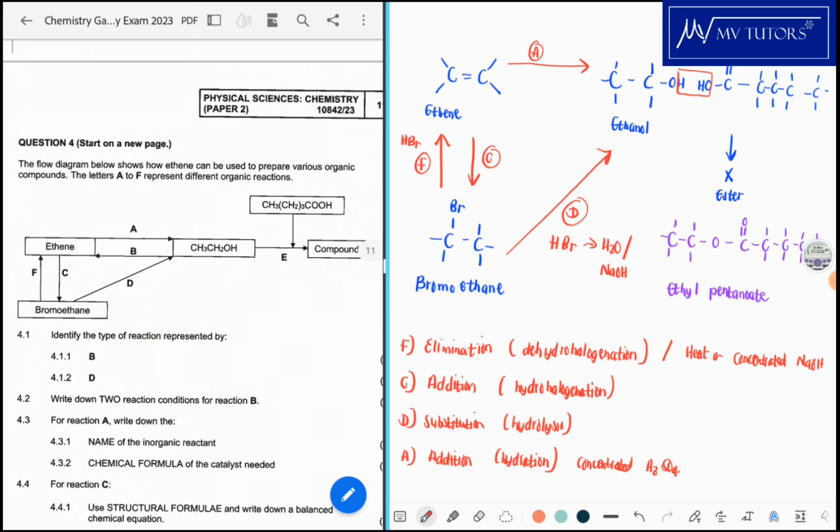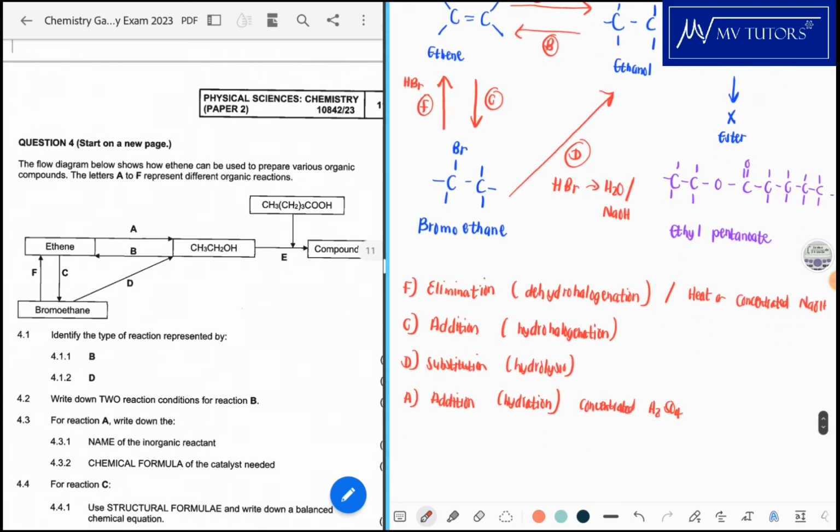Okay, so now let's look at B. So if we go from our alcohol to our ethene, we are basically dehydrating it. Okay, and that reaction there, dehydration, is elimination. All right, so B, we have our elimination reaction. This elimination reaction will be dehydration because we're taking out the water.